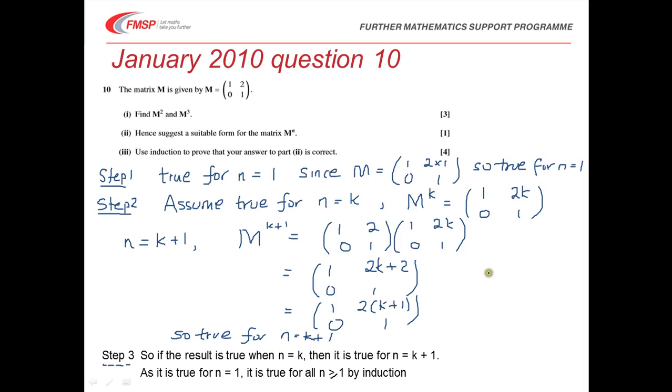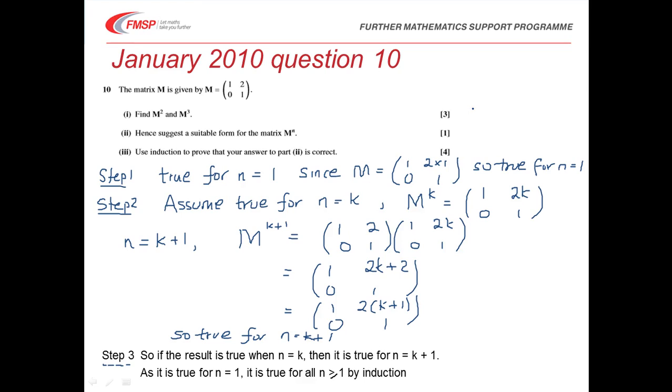You're getting an accuracy mark here for multiplying your matrices, and another accuracy mark for getting this term in the top right hand corner of 2 times k plus 1, and a mark at the end for your conclusion. In terms of the first 2 parts, there was 1 mark for making a suitable suggestion for M to the power of n. There was 1 mark for finding M squared and 2 marks for finding M cubed. So just be careful there.